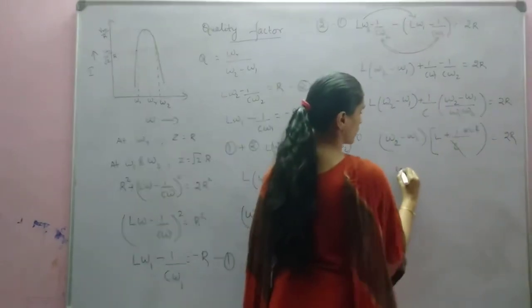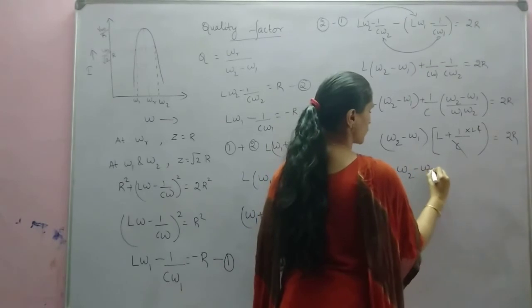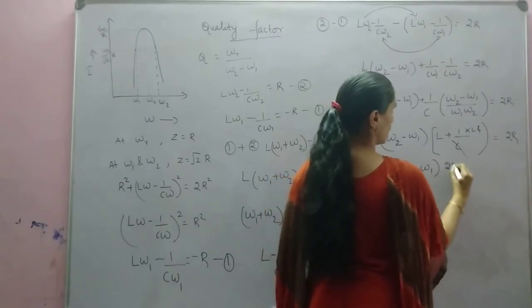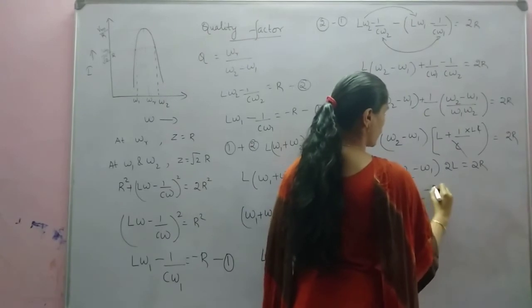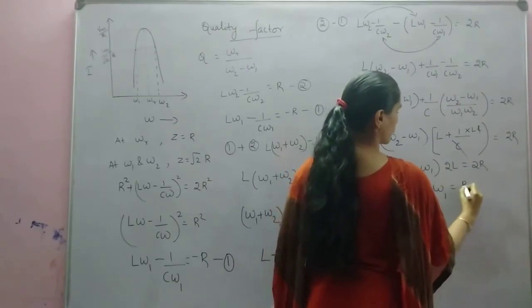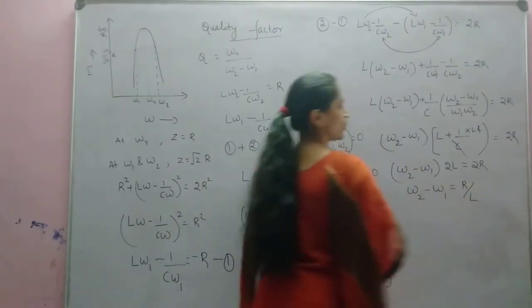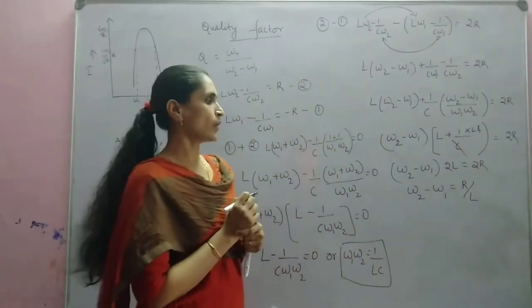What you got? Omega 2 minus omega 1 into 2L is equal to 2R, or omega 2 minus omega 1 is equal to 2R by 2L, that is equal to R by L.